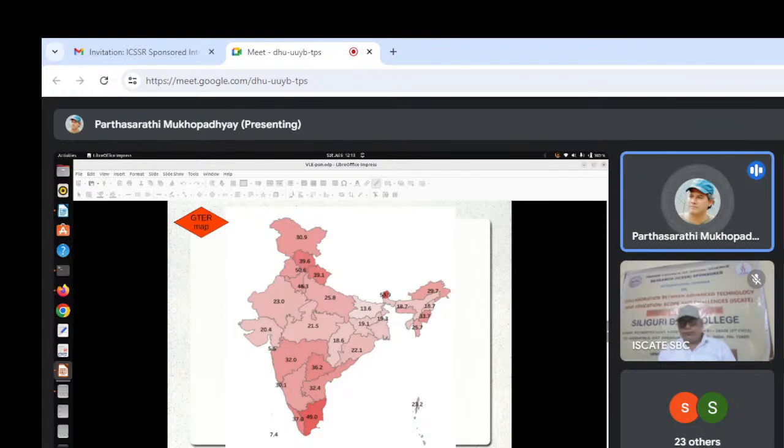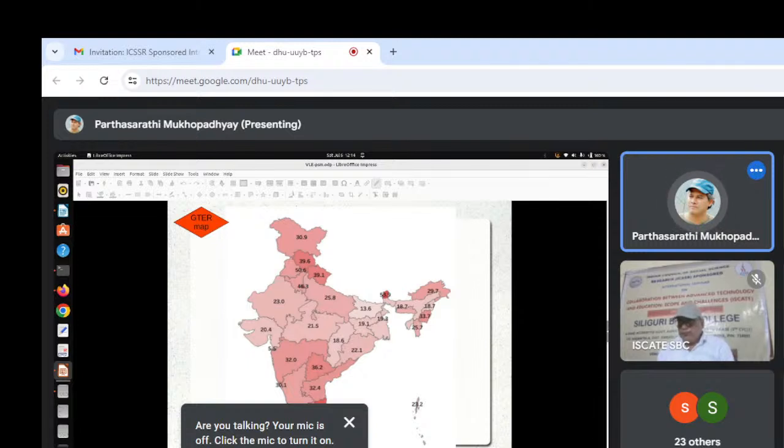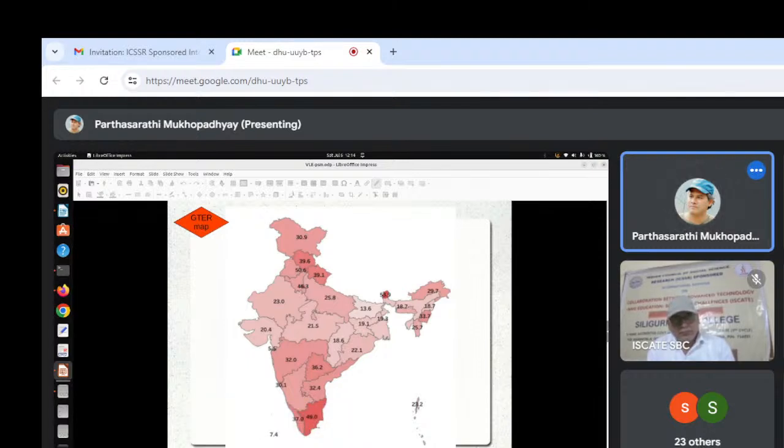Now you go to any university of the world, any big institute, CSIR lab, DRDO lab of the country, you will find that most of the scientists, faculty members, researchers, students completed their graduation or post-graduation from a college or university of West Bengal.